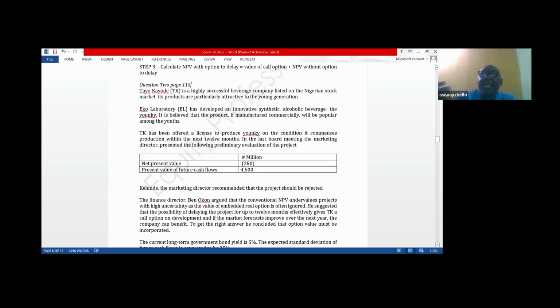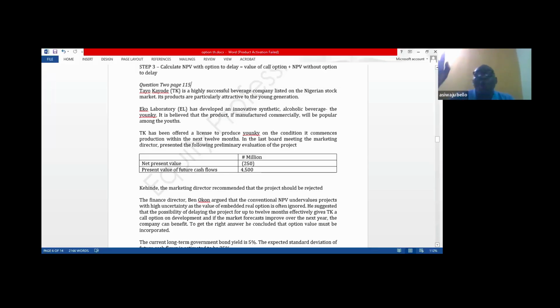That is, we can delay the project for 12 months. That will give us effectively a call option on development. We are buying the right to develop the project within 12 months.